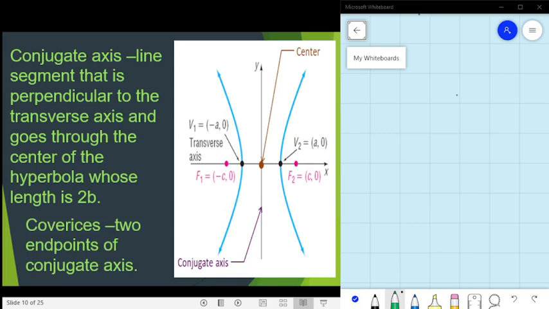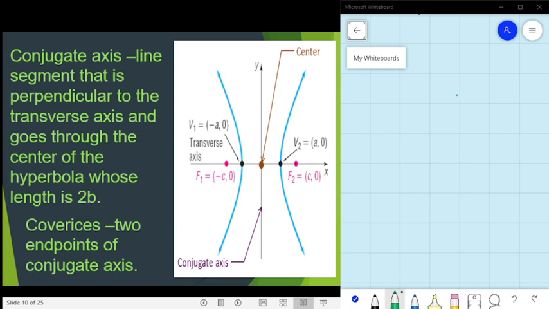Okay? Then the co-vertices are the two endpoints of the conjugate axis. So another term is the conjugate axis for the hyperbola, and for the ellipse it is called the minor axis.